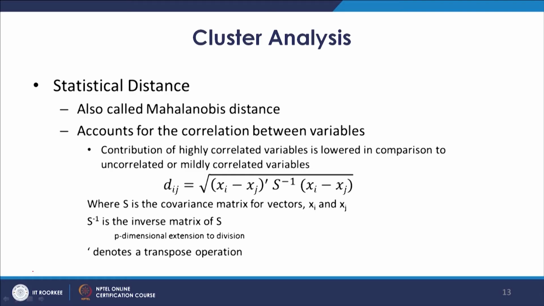So, this is how we can compute the statistical distance, and because of the presence of the covariance matrix, the formula is in a way accounting for the correlation among variables, and as I talked about, the contribution of highly correlated variables is lowered in comparison to uncorrelated or mildly correlated variables.